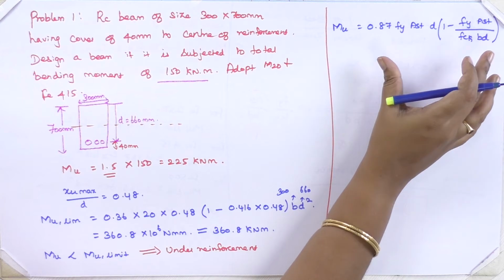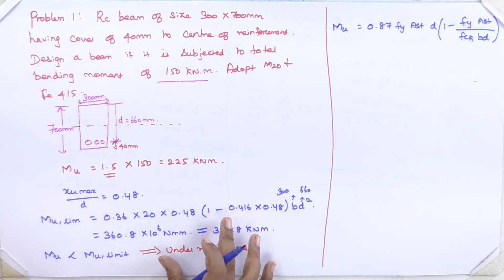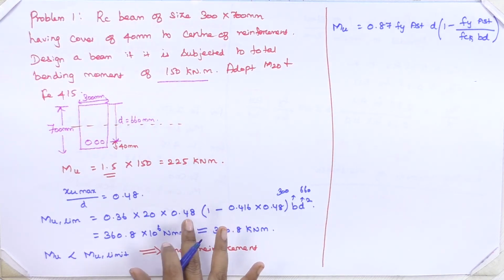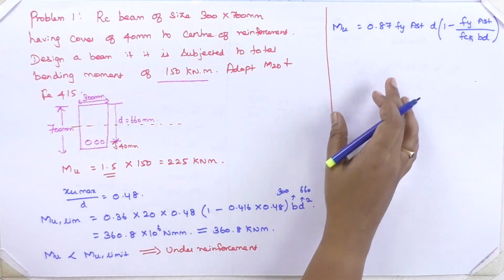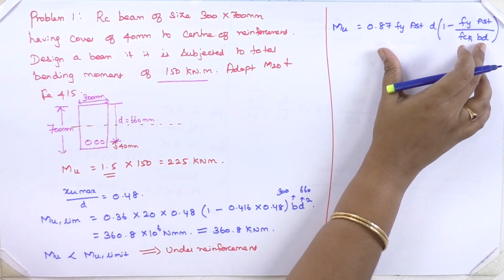This is the failure criterion for an under reinforced section. So the steel is the governing part here. The steel reaches its yield point first, after which the concrete reaches its limit. That is the main theme of this area, so we have derived the steel formula for the under reinforced section.